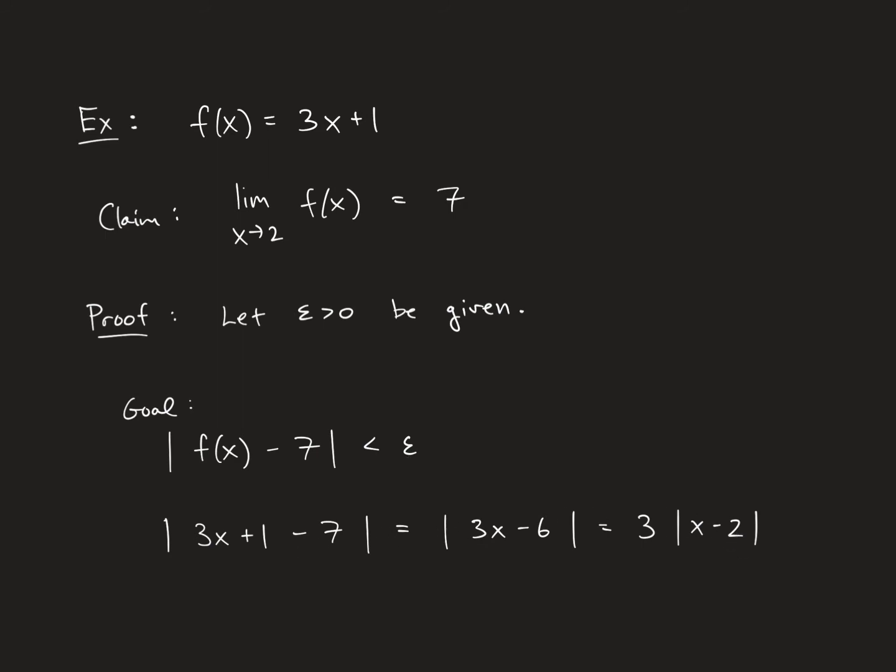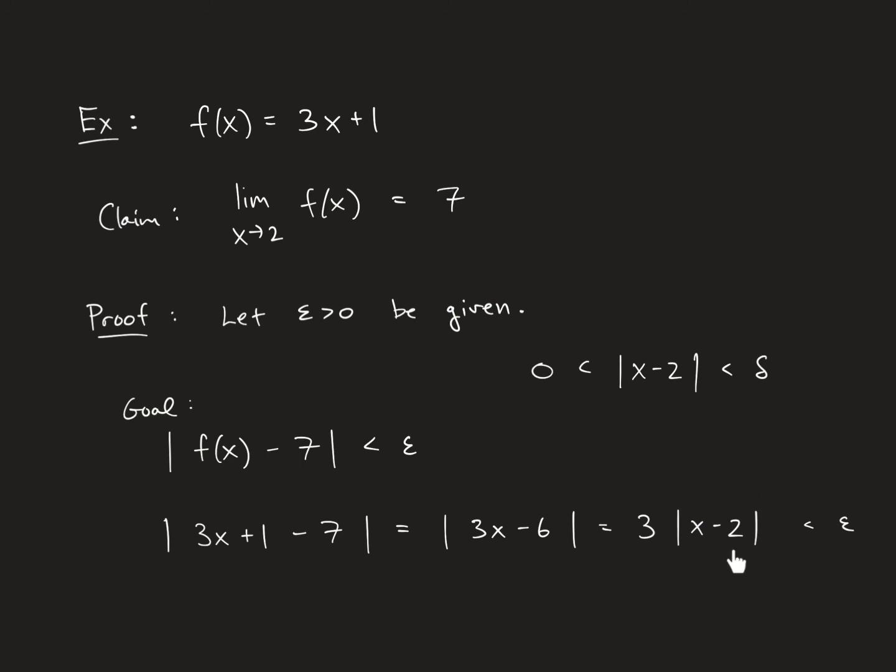So ultimately, I want to be able to place a less than epsilon over here. And in order to do that, all I have control over is this quantity, the absolute value of x minus 2. I want to say that it follows from the fact that x minus 2 is greater than 0 and less than delta. You have control over how big that x minus 2 is.